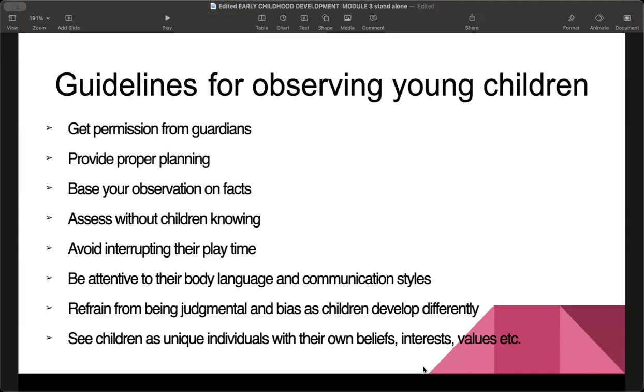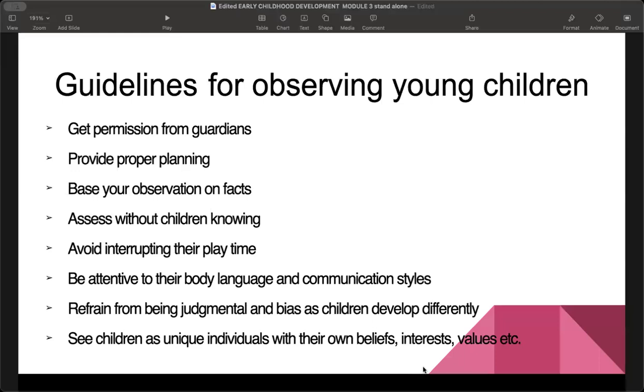Okay. Guidelines for observing young children. Get permission from guardians. Provide proper planning. Base your observation on facts. Assess without children knowing. Avoid interrupting their playtime.